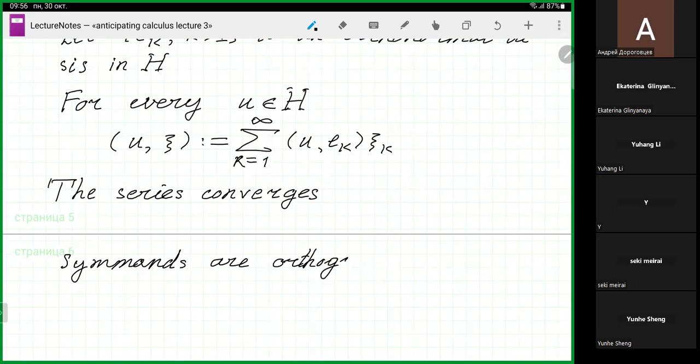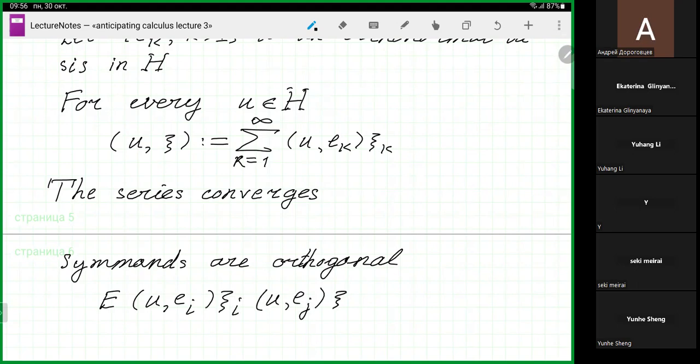Expectation of (u, e_i) xi_i (u, e_j) xi_j is equal to 0 for i not equal to j because of independence.